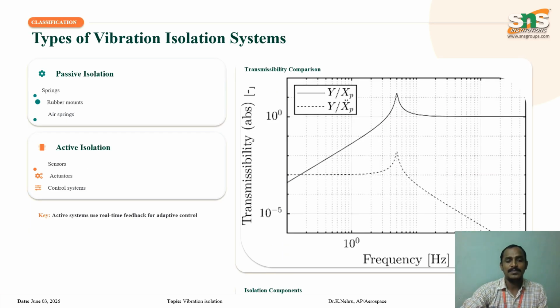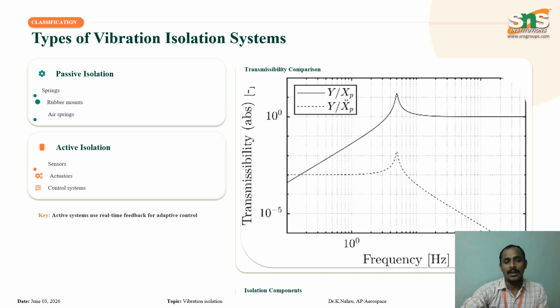Now coming to the types of vibration isolation systems: one is passive isolation, the second is active isolation. Passive systems do not require external power. They use components such as springs, rubber mounts, air springs, and elastomer pads, which are simple, inexpensive, and highly reliable.